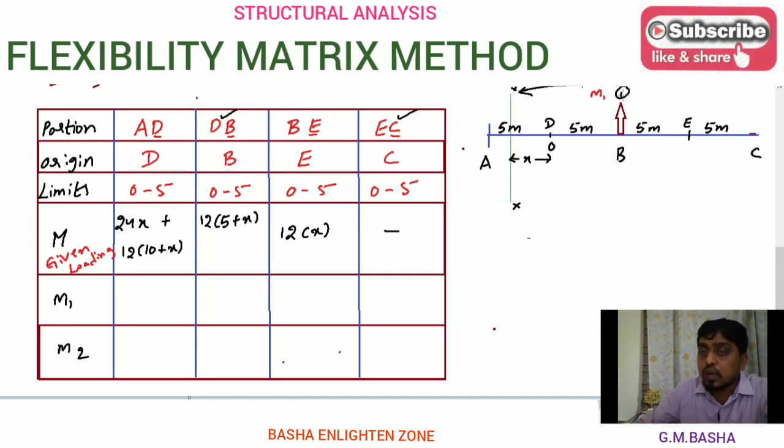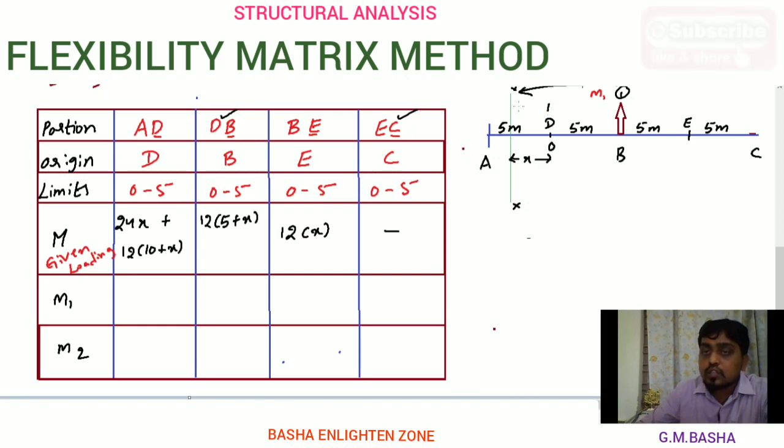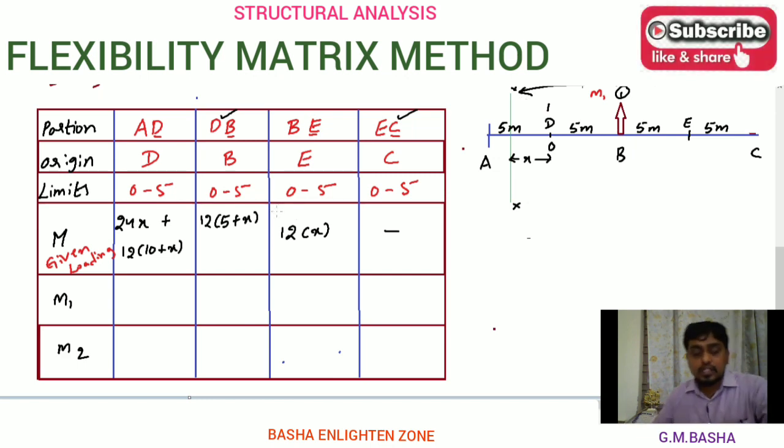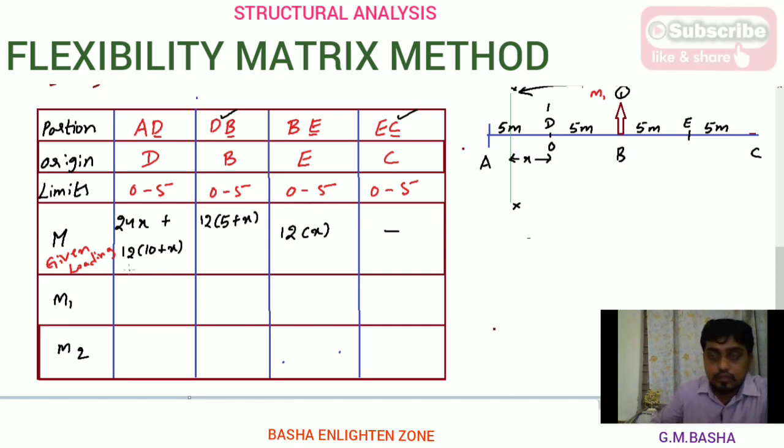Again unit force is 1 into the distance here, 5 plus x. Up to here it will be 5 and this distance will be x. So I am taking minus 1 into 5 plus x.